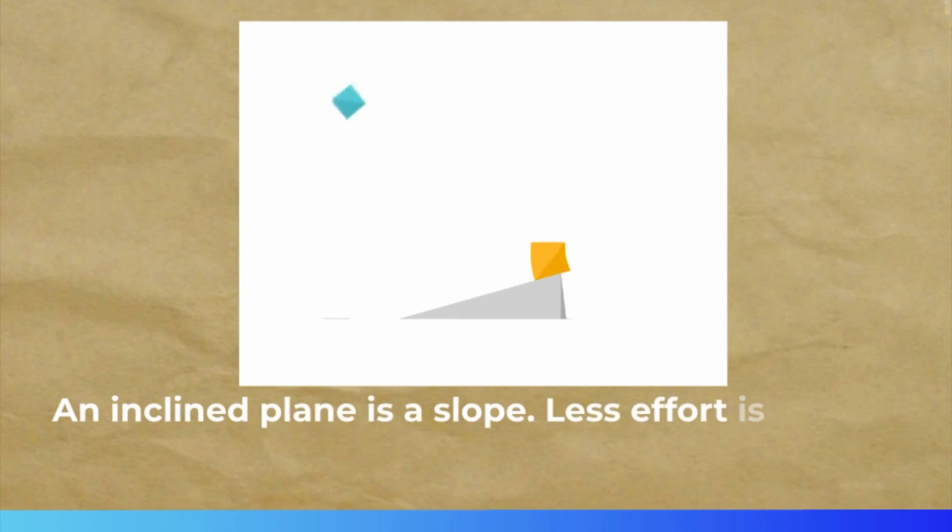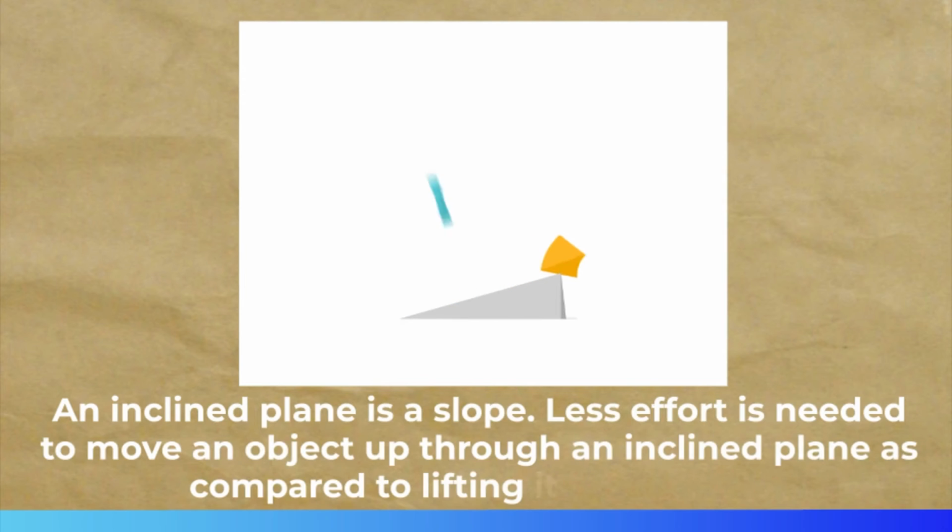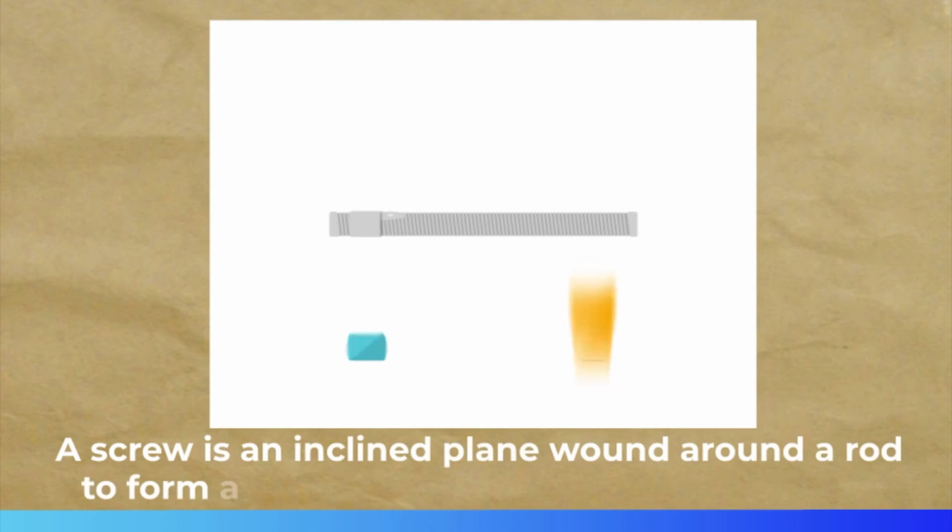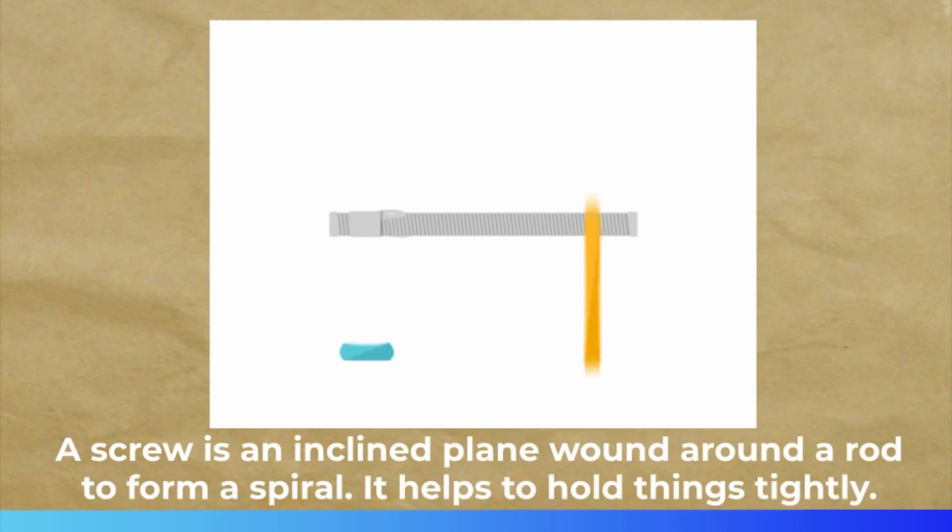An inclined plane is a slope. Less effort is needed to move an object up through an inclined plane as compared to lifting it straight up. A screw is an inclined plane wound around a rod to form a spiral.